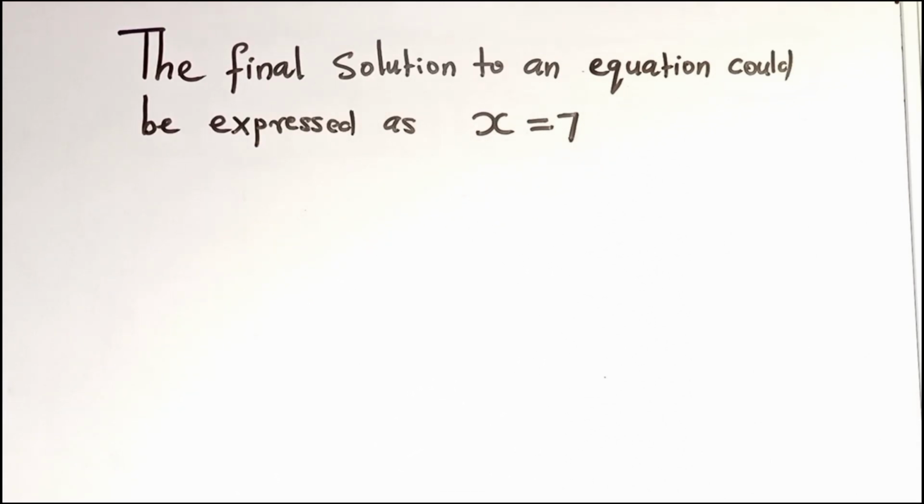What it means is that there was an equation and that equation included x. In fact, there was x as an unknown in that equation, and then that equation was solved. And after it was solved, the value of x, which was not known before, has now become known as 7.